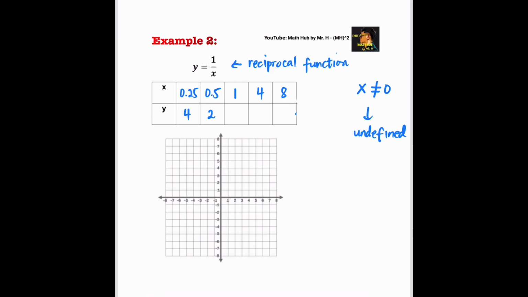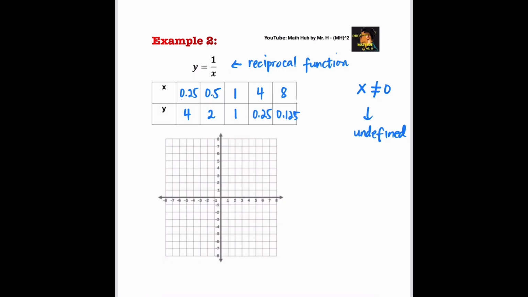Obviously, if x is 1, then y will be 1. 1 divided by 4 is 0.25, or 1/4. 1 divided by 8 is 0.125. Then we need to plot those points.